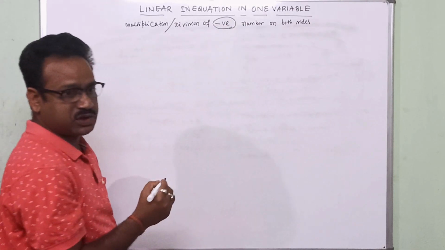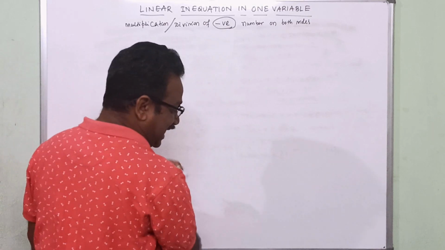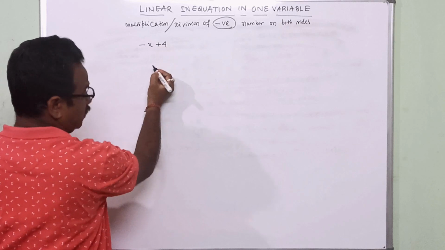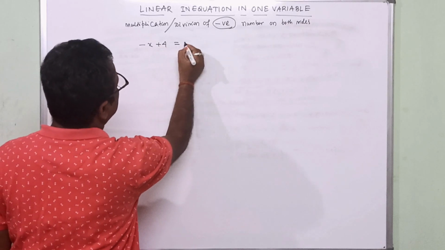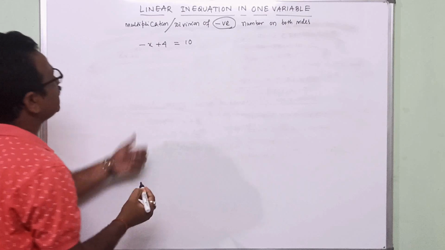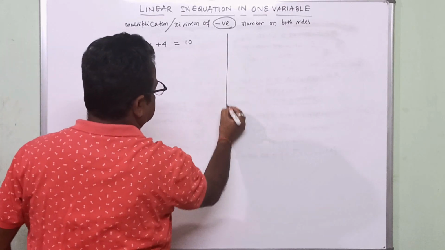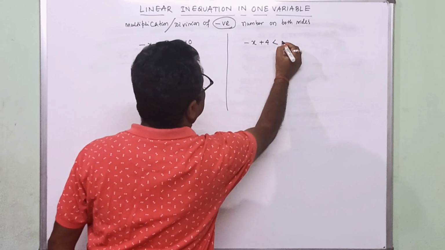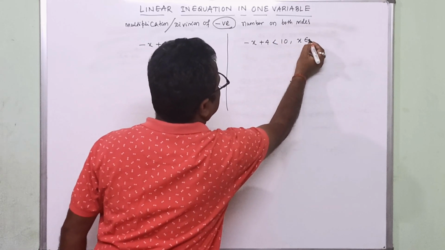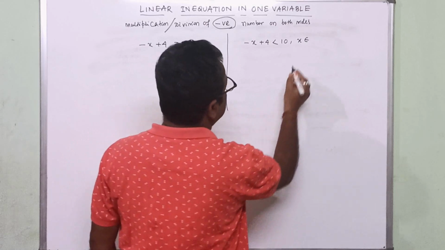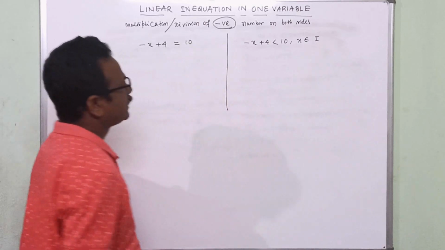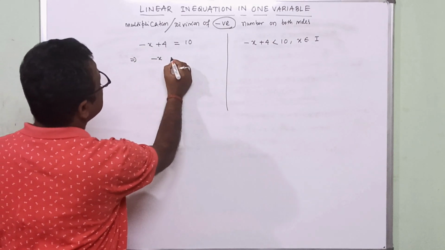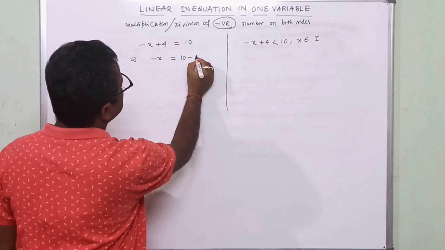Suppose given minus x plus 4 less than 10, comma x element of I, let's say integers. That implies minus x less than 10 minus 4.